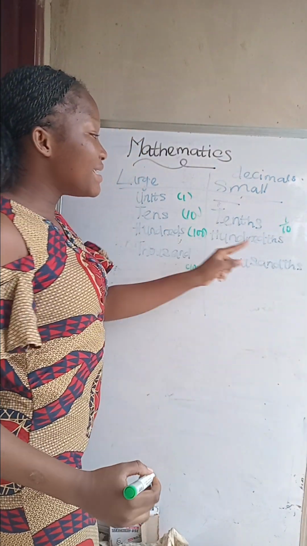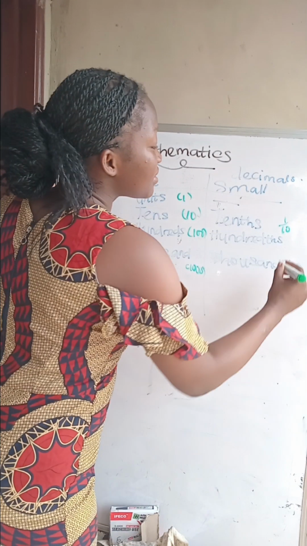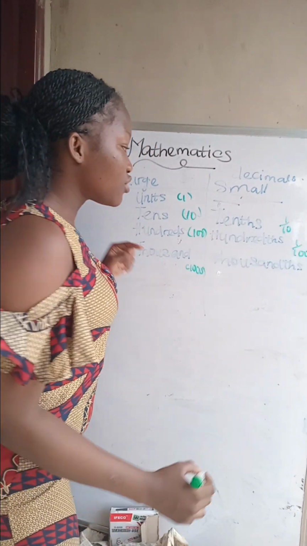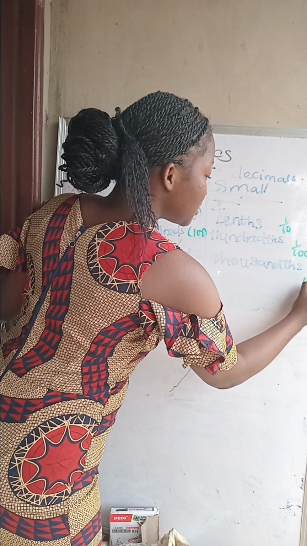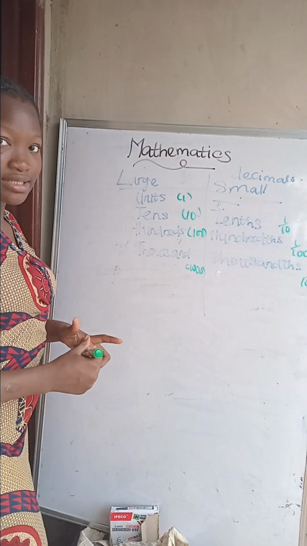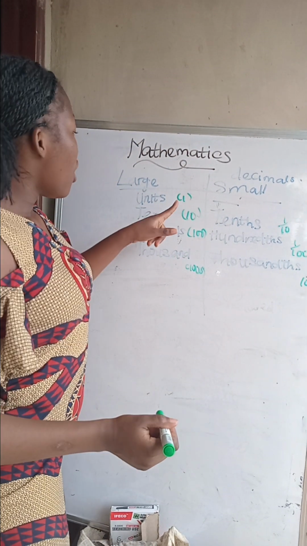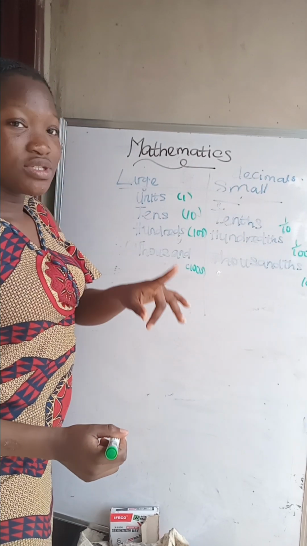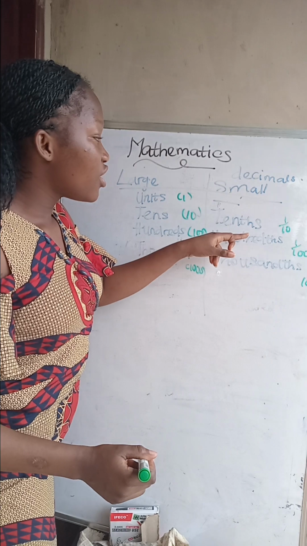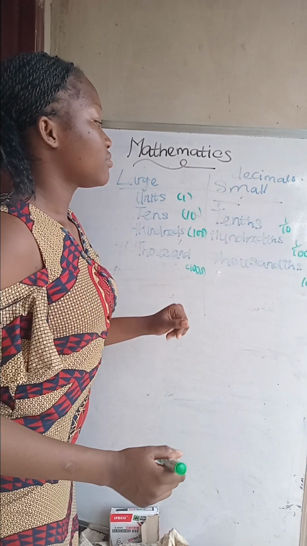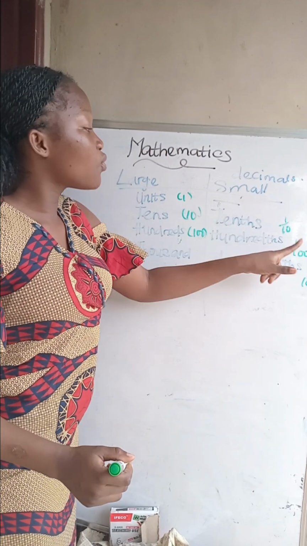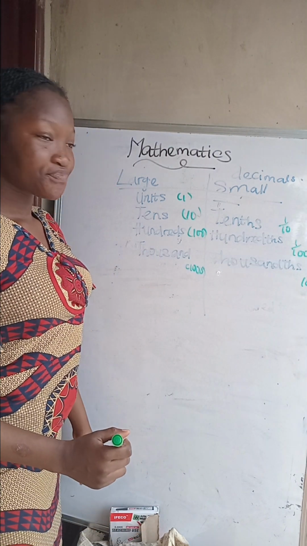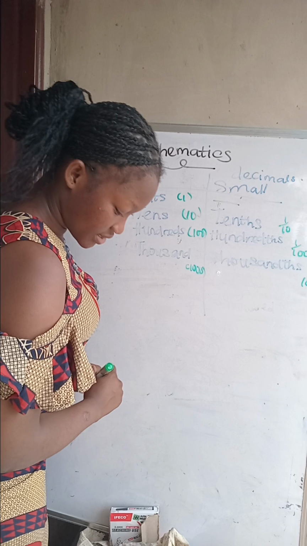The hundredths represents 1/100, and the thousandths represents 1/1000. Do we understand? I will say it again. We don't have units in decimal numbers. Our tenth represents 1/10, hundredth 1/100, thousandth 1/1000. That's how we have it there.